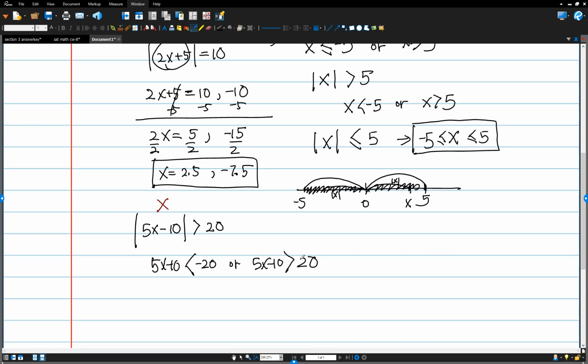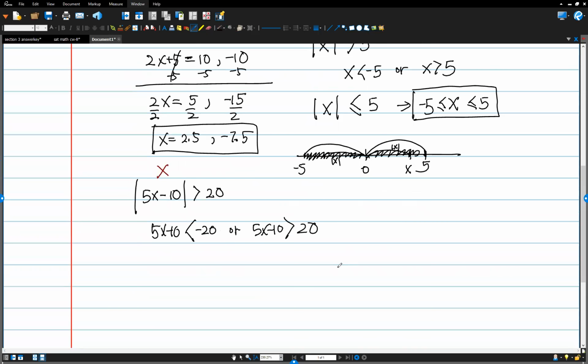You have to memorize this one. But we are not done. We need to find the value of x. So plus 10, plus 10. 5x is less than negative 20 plus 10, which is negative 10, right? When you divide by 5, the value of x is less than negative 2. That is one of the solutions. Now take a look at the other side.